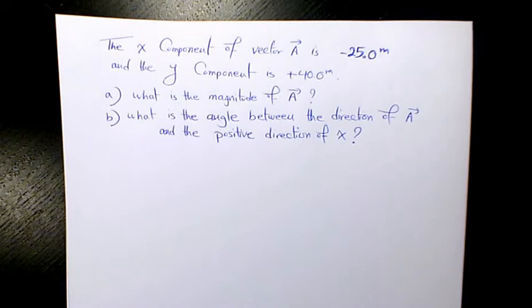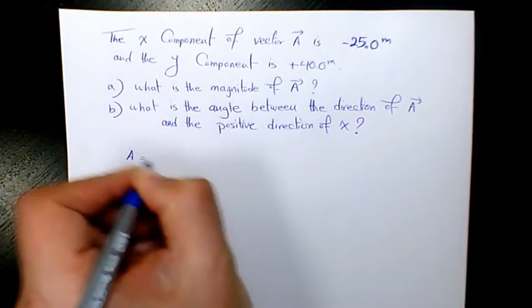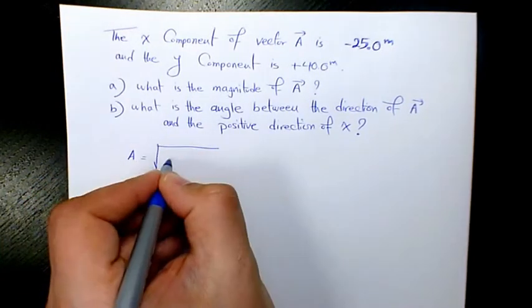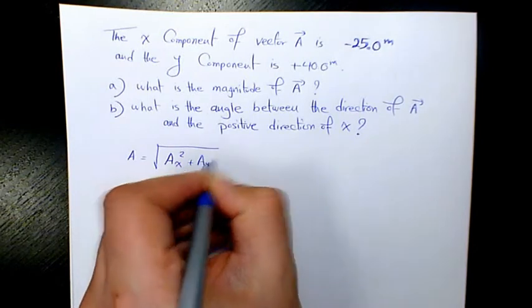In this example it says the x component of a vector A is negative 25 meters and the y component is 40 meters. What is the magnitude of A and what is the angle between the direction of A and the positive direction of x? If you want to find out the magnitude of this vector, you can say A equals square root of ax squared plus ay squared.